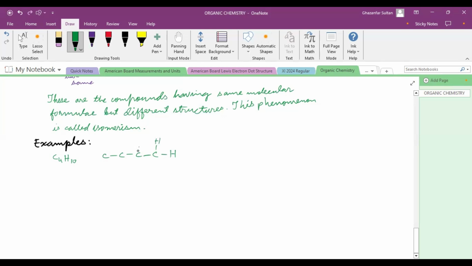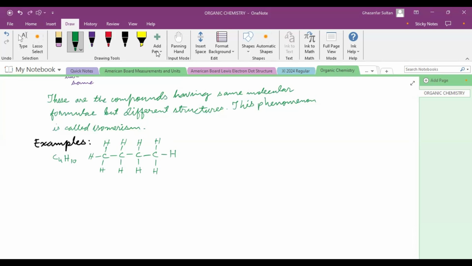Four carbon atoms, we have arranged all of them in a linear manner, and carbon has valency 4, so it should form 4 single covalent bonds with each other. And see, 4 carbon atoms and 10 hydrogen atoms are there.